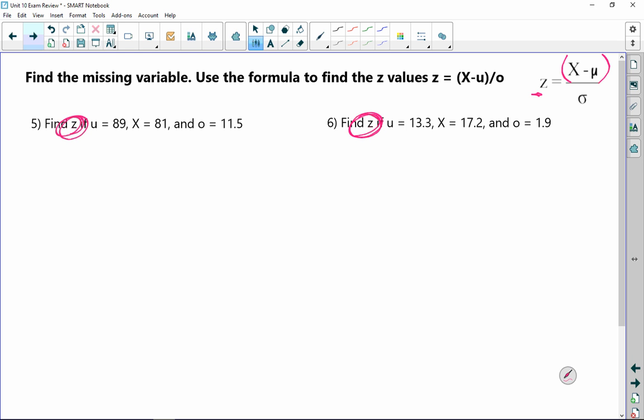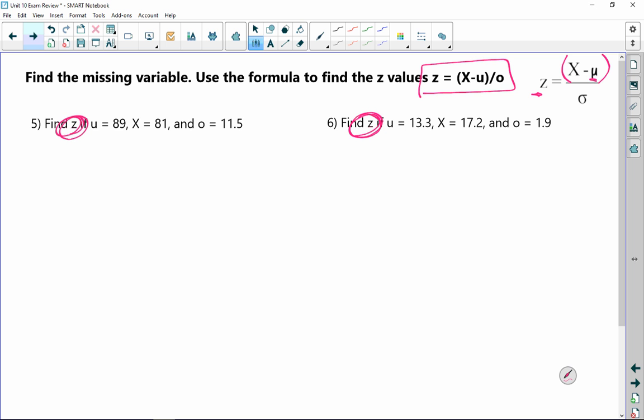I included a little line there. That's what it should look like when you plug it into your calculator. Are you with me? Because if you don't do it like that, it's going to give you a syntax error, or it's going to divide your mean first and then subtract last, which will give you a different value. Everybody clear on that?